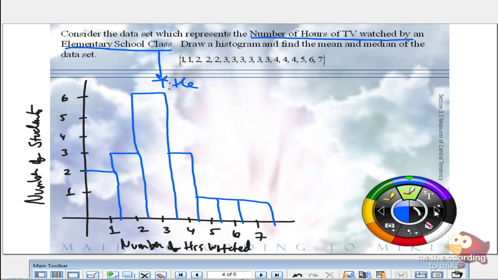If you would, please find the mean and the median for the data set.